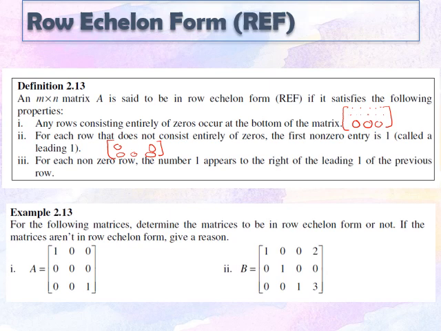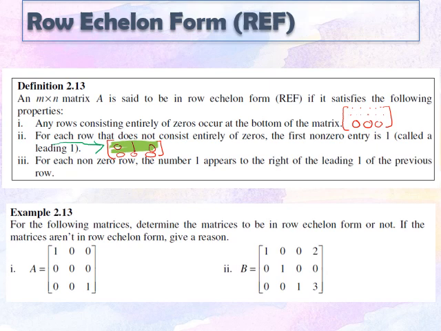When you look from the left, at each row, for example this row, you'll see number 1 first, right? From the left, you ignore the 0, you must see 1. It cannot be 2.